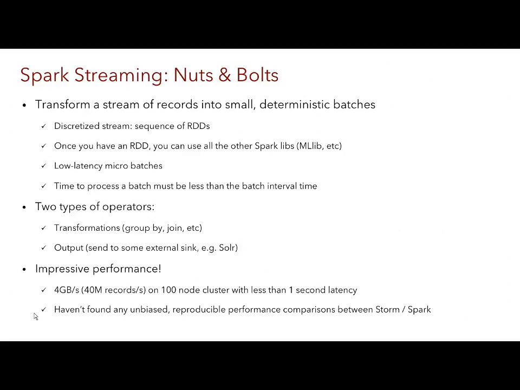The kicker, though, with Spark is that they've taken the approach, well, the RDD is the essential data structure in Spark, and there's a lot of framework built around RDDs, especially around that fault tolerance, as well as choosing the most efficient way to do a transformation on an RDD. So what Spark Streaming does is it actually transforms a stream of records flowing in into a small, deterministic, discretized sequence of RDDs.